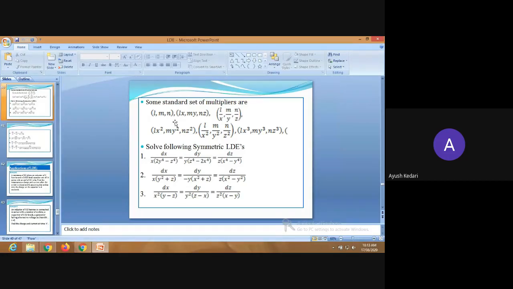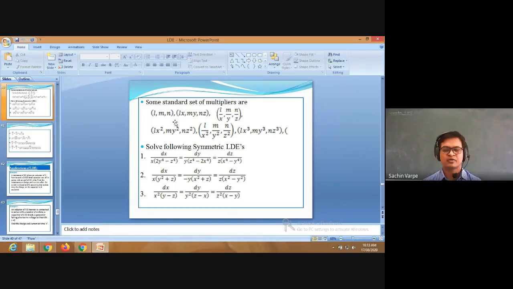These symmetric differential equations are very easy, and it is now possible they will be asked for 5 to 6 marks, because in the earlier pattern there were rarely questions. I think in the May 2018 examination there was a question on the solution of symmetric linear differential equations, only once in the 2015 pattern.